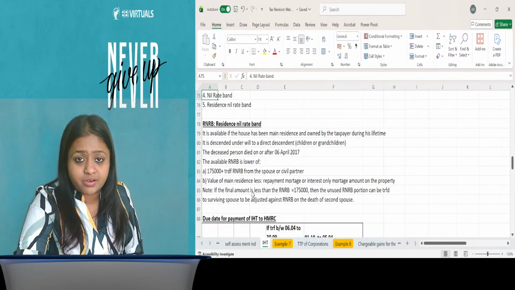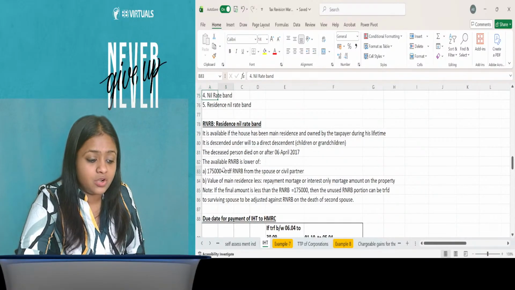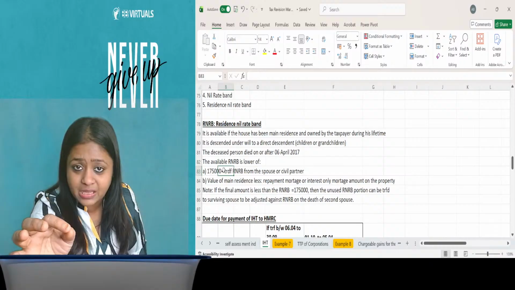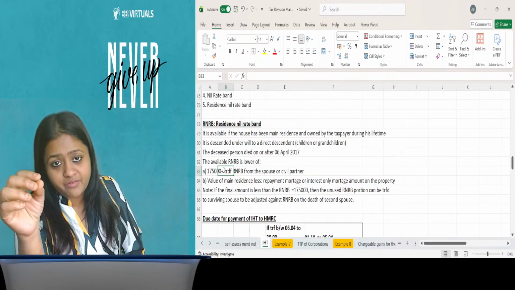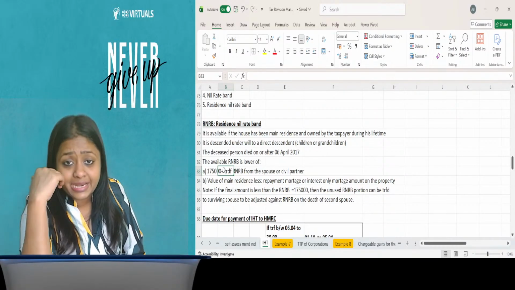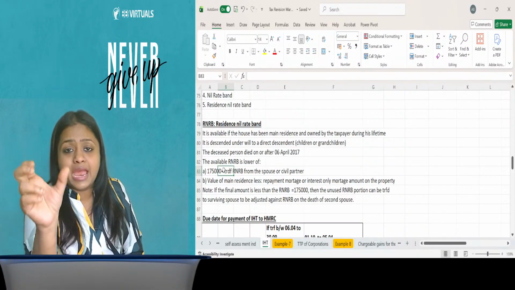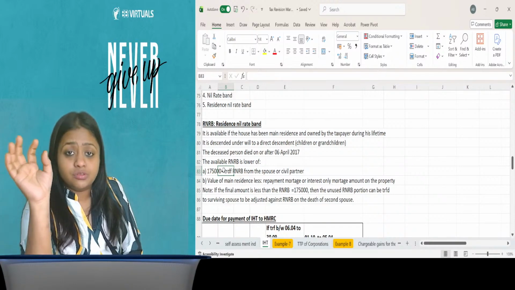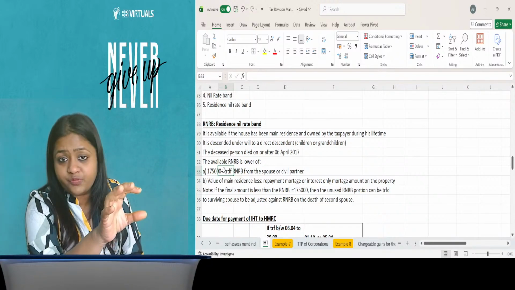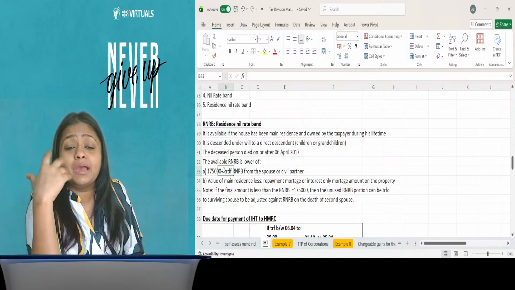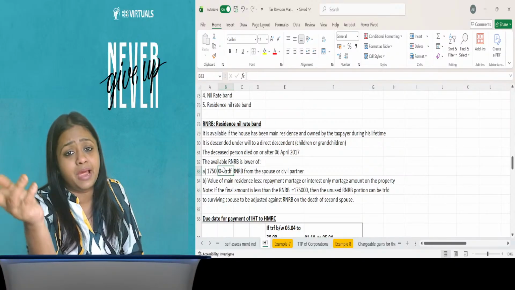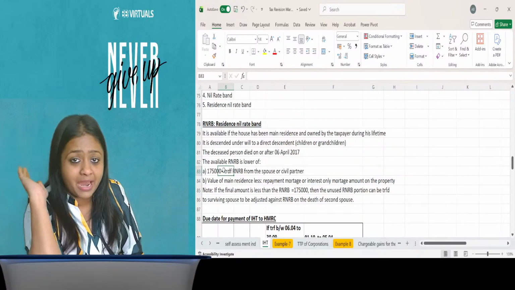What is that additional rate band? It is the lower of 175,000 or the value of the main residence, and if there is any direct debt relating to that main residence, you will reduce that debt and get the net value of the residence. So the net value of the residence or 175,000, whichever is lower, will be allowed as additional nil rate band that we call residence nil rate band.